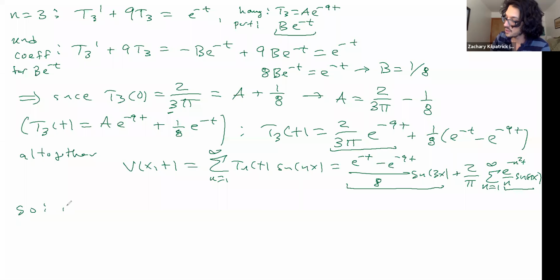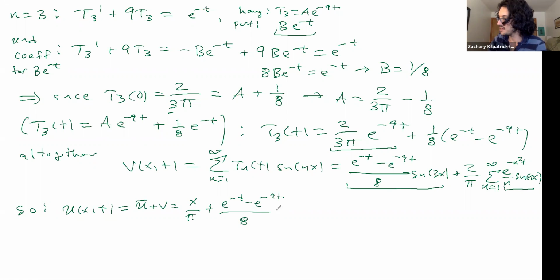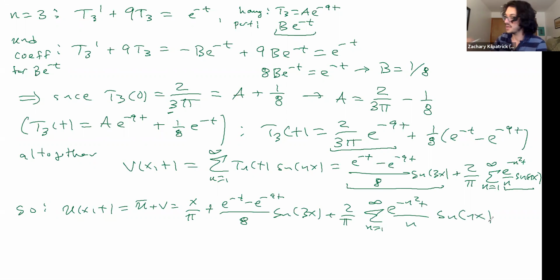So u of x,t is equal to then, well, remember now I have to add on u bar plus v. So I get x over pi plus e to the minus t minus e to the minus 9t over 8 sine of 3x plus 2 over pi sum from n equals 1 up to infinity e to the minus n squared t over n sine of nx.